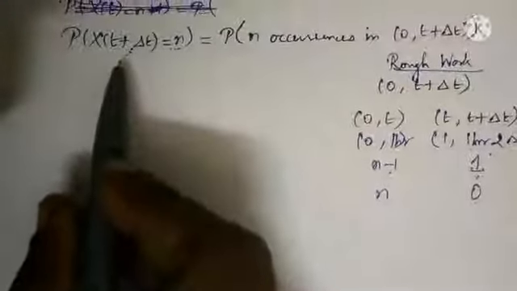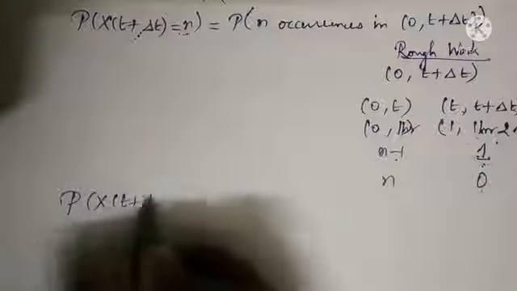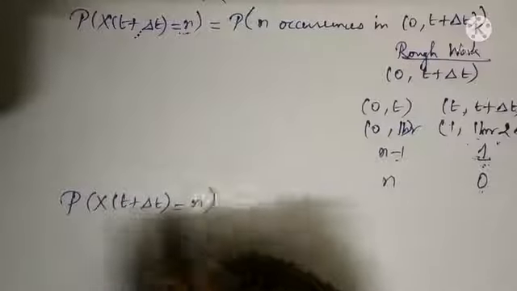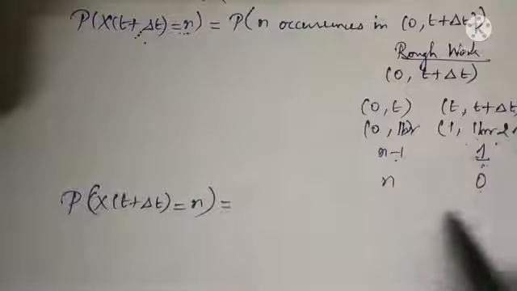Let us now write the same: P of X of t plus delta t equal to n. Consider this rough work.